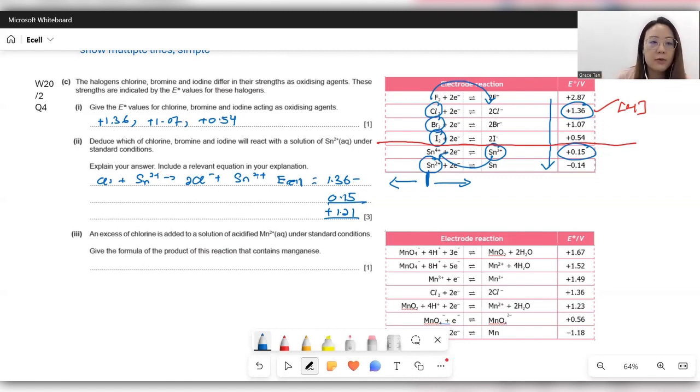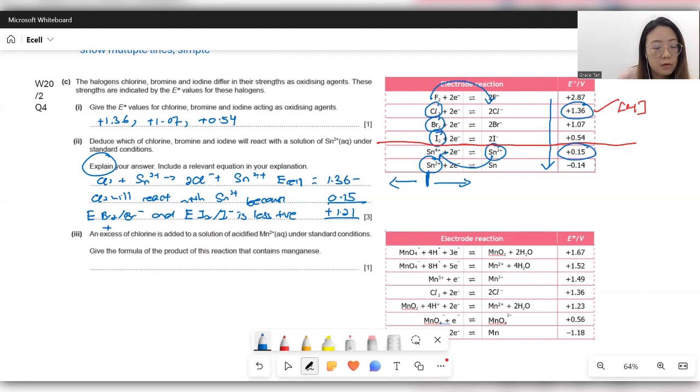But you are required to use the word explain between the three halogens, who will react. So I say chlorine will react with tin 2 plus because the E values of Br2/Br minus and the E value for I2/I minus are less positive than the chlorine, chloride E value.